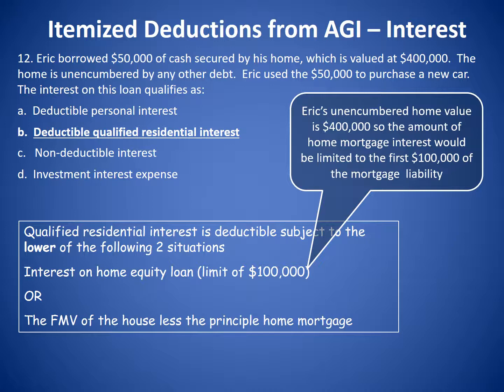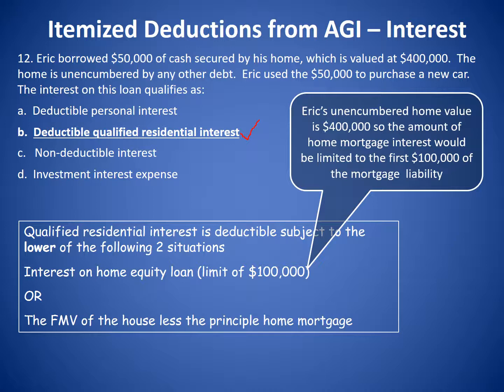In summary, Eric borrowed $50,000 on his house and used that money to buy a car. Under these circumstances, this would be considered B, deductible qualified residential interest.